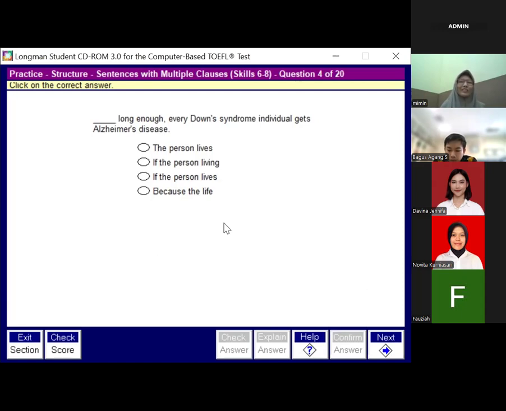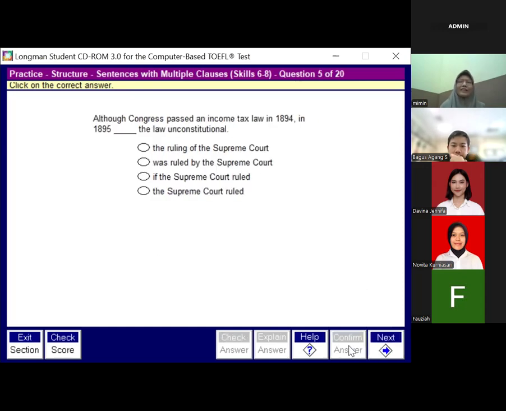If the person lives long enough, every Down syndrome individual gets Alzheimer's disease. All right. Okay. And who is next, Kak Novita? This is question 5. Kak Novita, who is next, please? Maybe Kak Lydia.